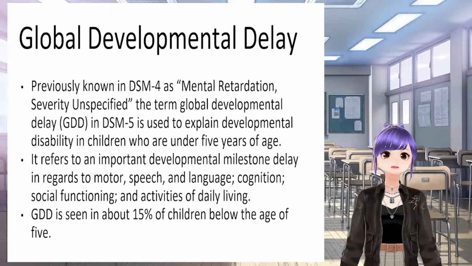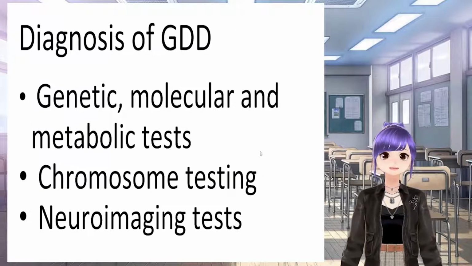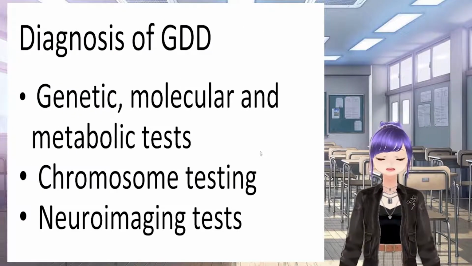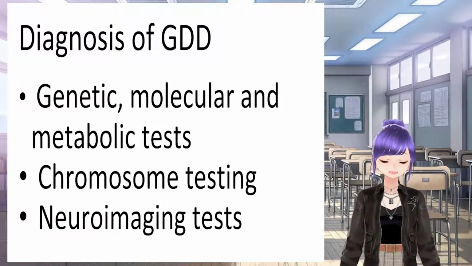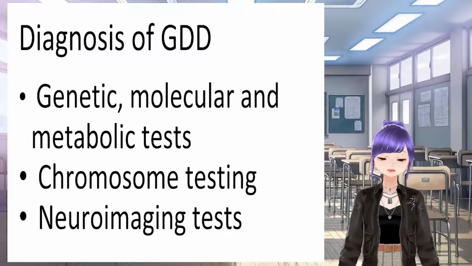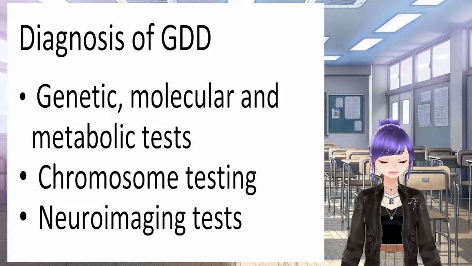So, before we go into the diagnostic criteria for global developmental delay, let's look into how we diagnose someone with GDD. There are multiple tests used in the diagnosis of global developmental delay. These consist of the following. Genetic, molecular, and metabolic tests.